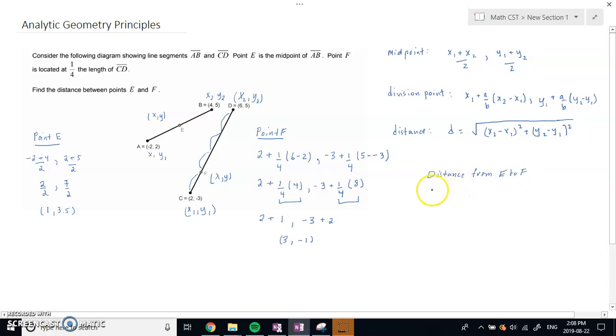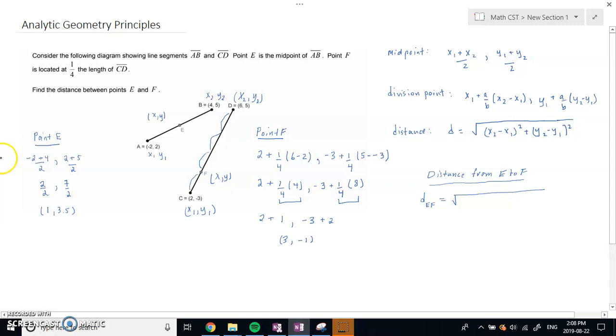Now in this case, we're not looking for a point on the Cartesian plane, we're looking at the actual length of a line segment. Our distance formula, so distance from E to F, is going to use the rule above. Now in this particular case, it doesn't matter, again, which one is x1 and which one is y1, x1, y1, and which ones are x2, y2.